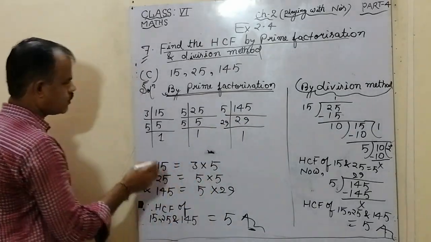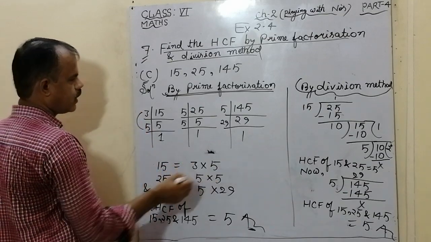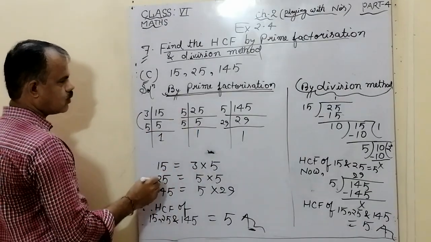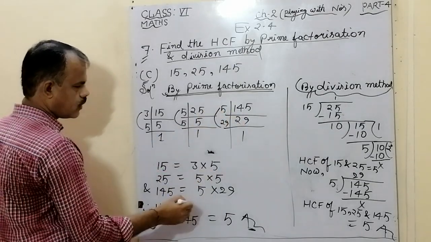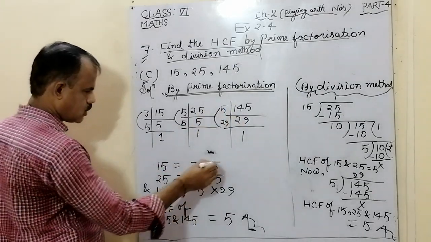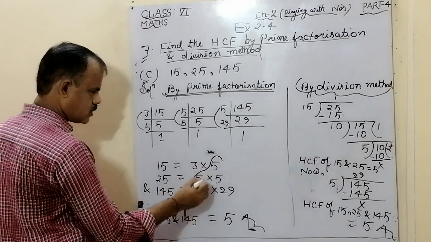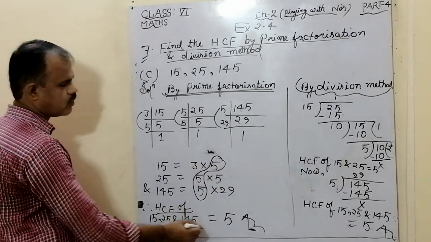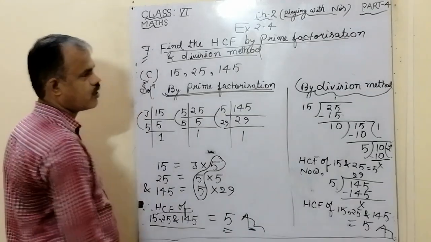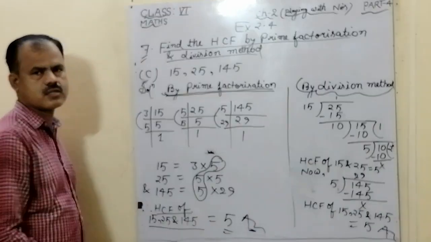So we can write 15 equals 3 into 5, 25 equals 5 into 5, 145 equals 5 into 29. So see here, the highest common factor is 5. So the HCF of 15, 25, 145 is 5, and this is the final answer.